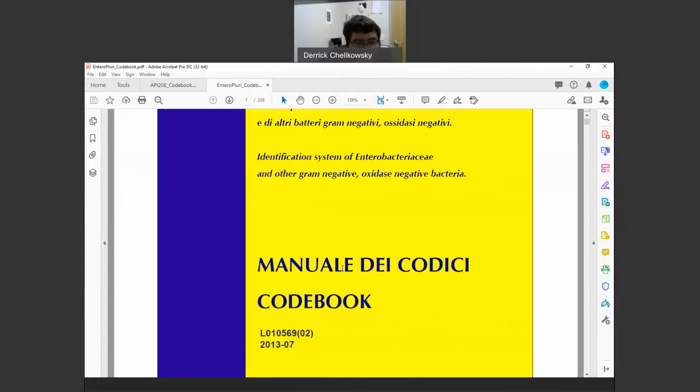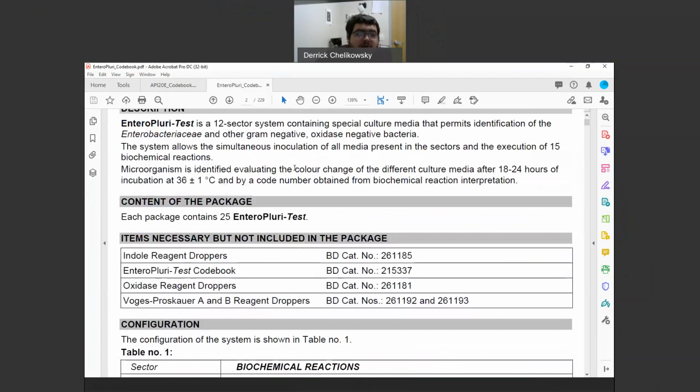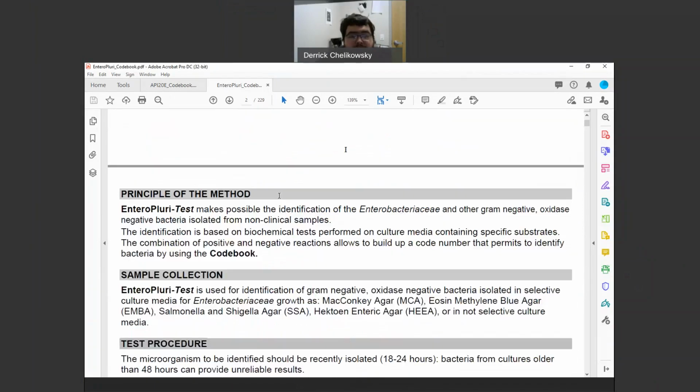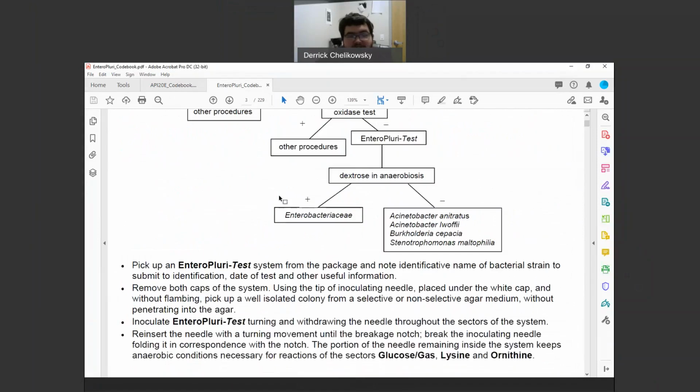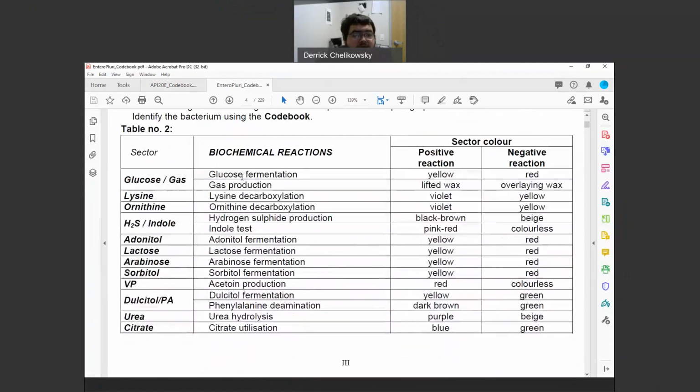This is our Enteropluri codebook. This goes through how to use the Enteropluri as well as the reagents that are necessary. We don't have to worry about purchasing reagents. That's my job. I actually quite like it. Going through these, it gives you a description of what each one does, as well as what a positive and a negative looks like.